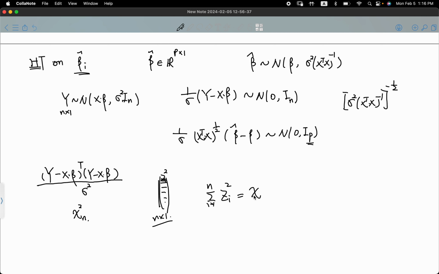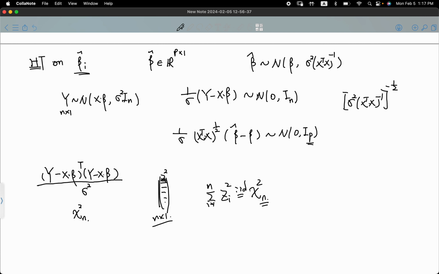This is equivalent to a chi-square distribution, degree of freedom n. This is just a definition. Chi-square can be constructed by taking the square of a standard normal random variable and then summing. If we have n copies of IID samples, then you will have a chi-square degree of freedom n.